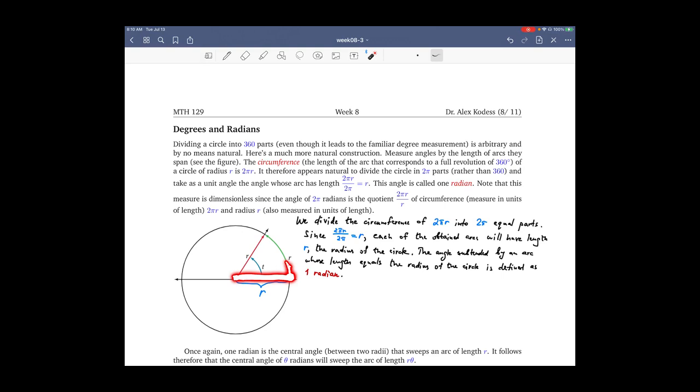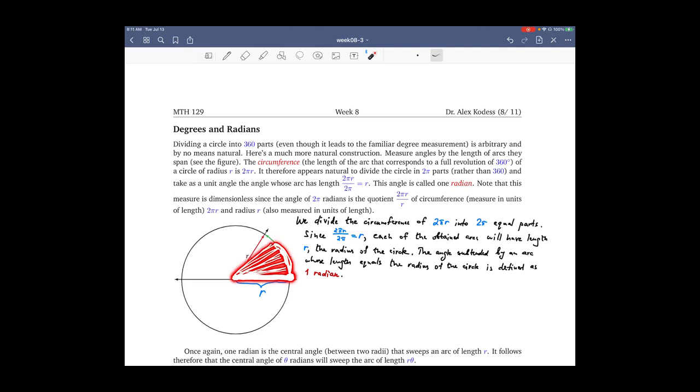How do we measure angles? We measure them by the distance traveled along the circle. Different angles result in different distances traveled.